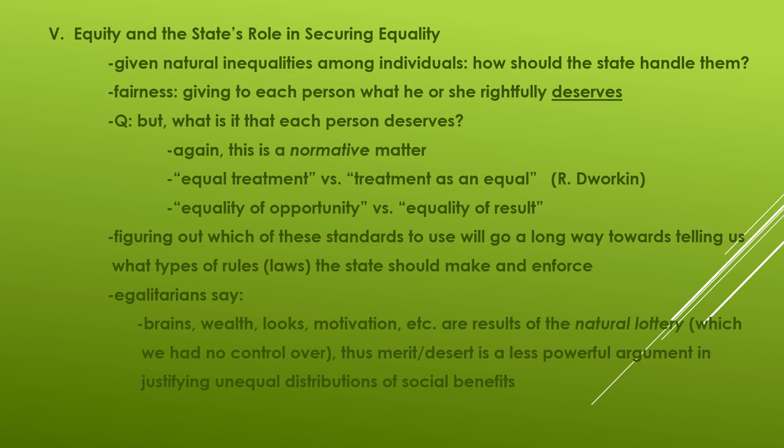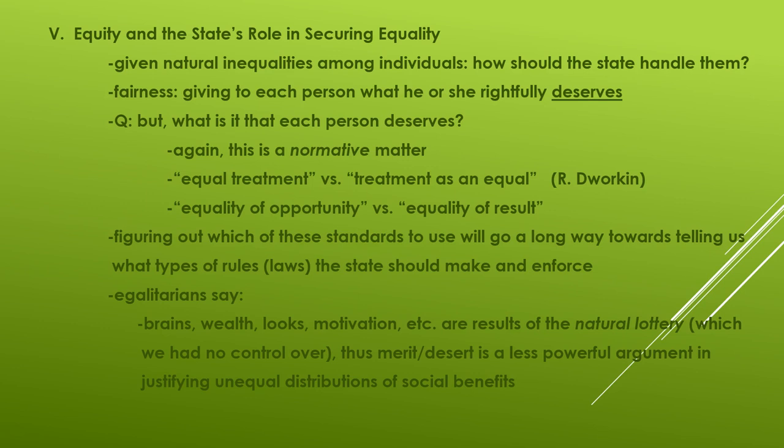And what they're going to say is that from the individual's perspective, things like how smart you are, how wealthy you are, how beautiful you are, how motivated you are, all that kind of stuff is really just luck. That there's a natural lottery that occurs, and we had no control over this natural lottery.